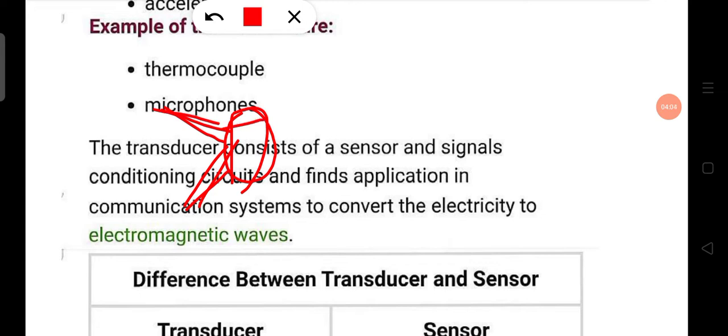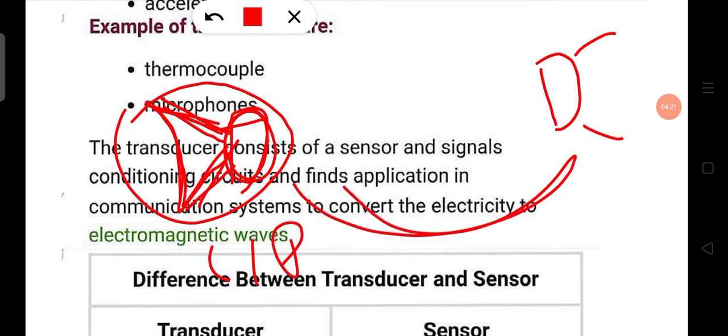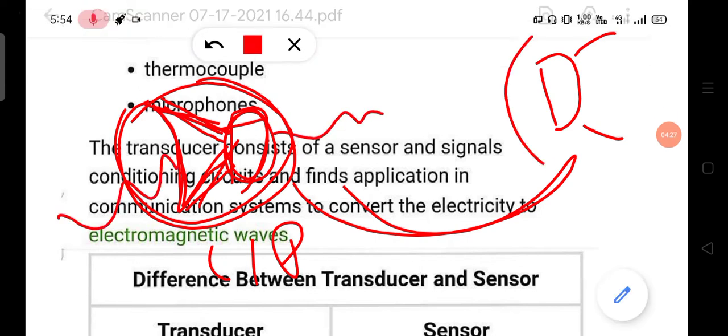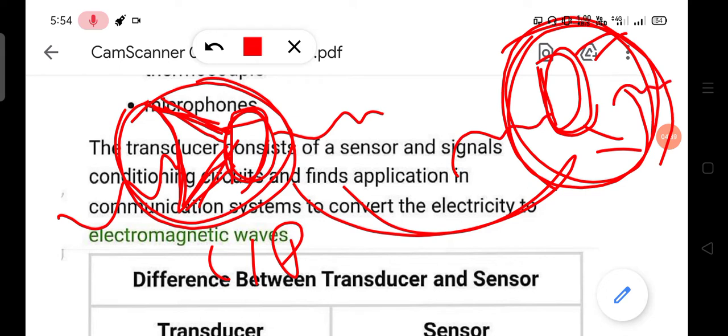On the input side we use a mic, and on the output side we use a speaker. Both are called transducers, because in the mic the speech signal is converted into an electrical signal, and in the speaker the electrical signal is converted to a speech signal, that is, electrical to non-electrical, while in the mic we convert non-electrical to electrical. That's why it is called a transducer.